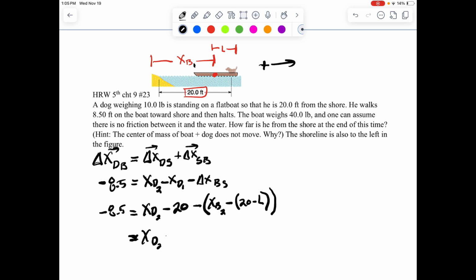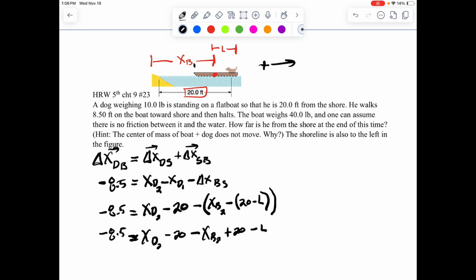There's the dog, that's what I'm looking for, minus 20, minus, distribute this minus, and then distribute that minus, the boat, plus 20 minus L, right? That's negative 8.5.